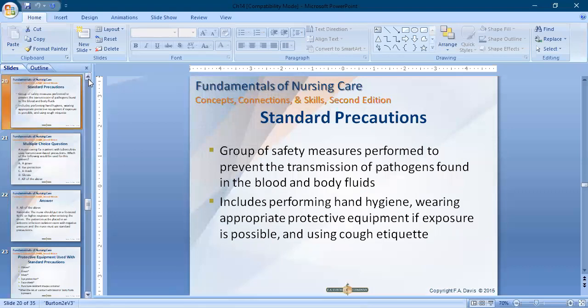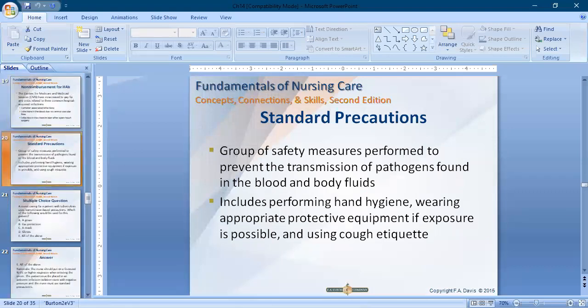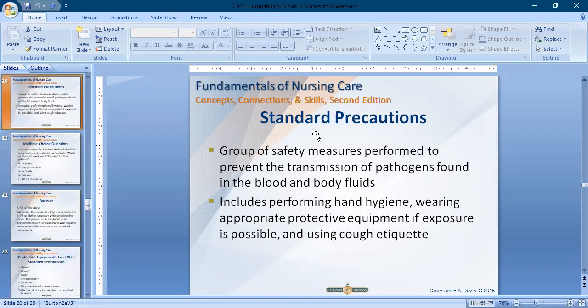And now go here to the standard precautions, or we say universal precautions, right? Standard precautions mean the group of safety measures performed to prevent the transmission of pathogens found in the blood and bloodstream. This can prevent the disease, or can prevent the infection.